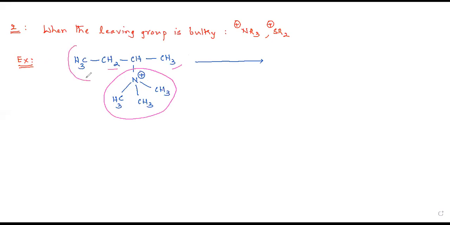This again is bulky. So removal of this beta hydrogen is easy compared to this beta hydrogen. Let this be the possibility A and this be the possibility B. Now, this is what you get very easily.